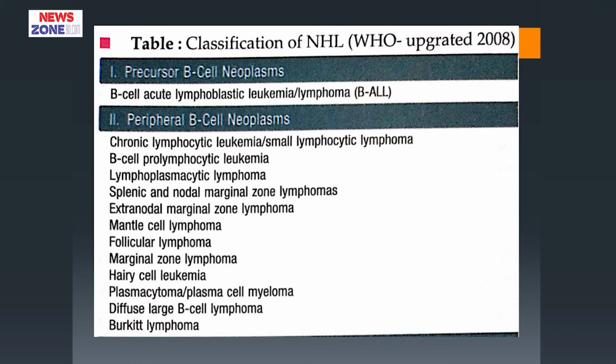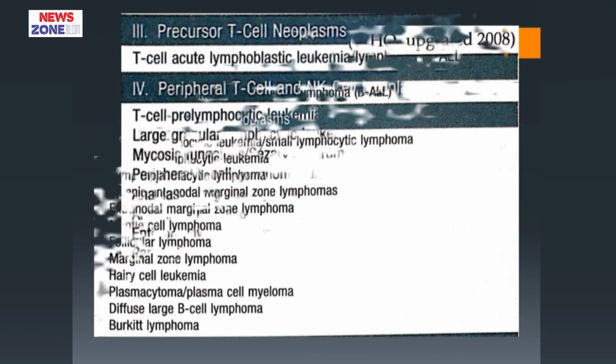Then others are Burkitt's lymphoma, diffuse large B cell lymphoma, plasmacytoma or plasma cell myeloma, follicular lymphoma, mantle cell lymphoma. So, all these are of B cell origin.